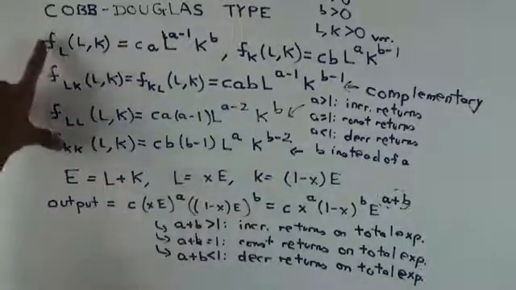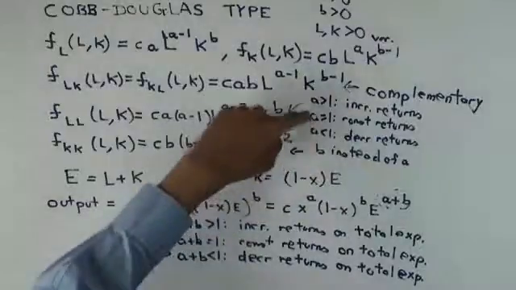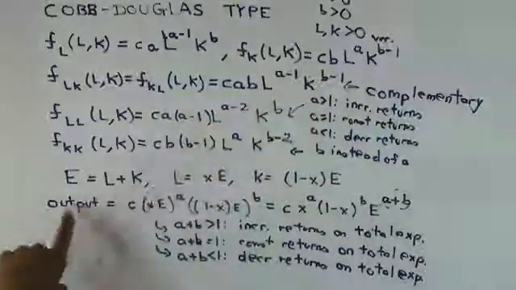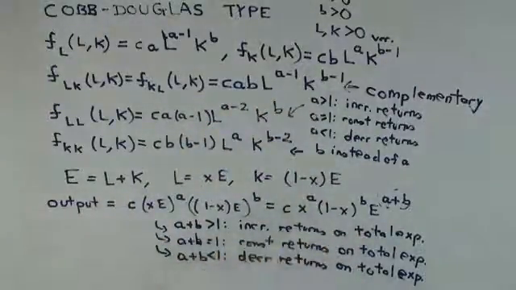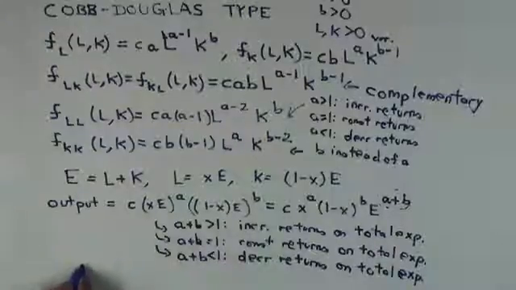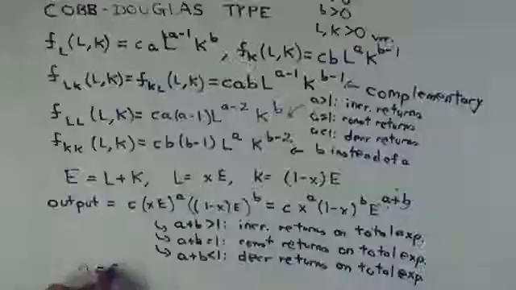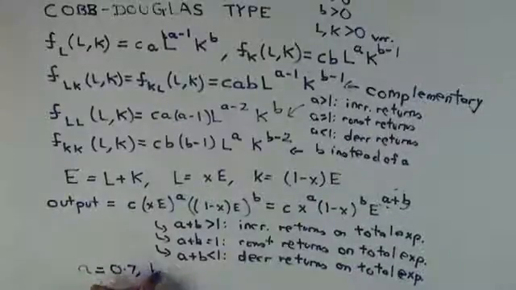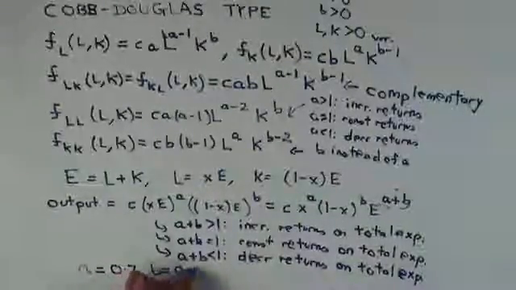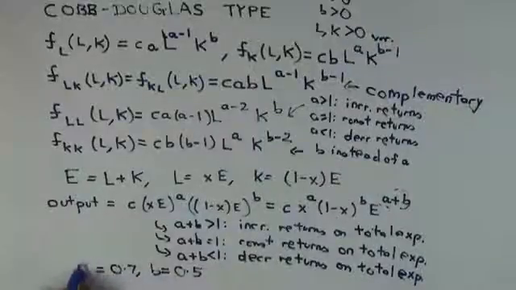Okay, so anything like 0.7 plus 0.5. Yeah, so you can have A as 0.7 and B as 0.5. Individually you would have decreasing returns, and together you would have increasing returns.